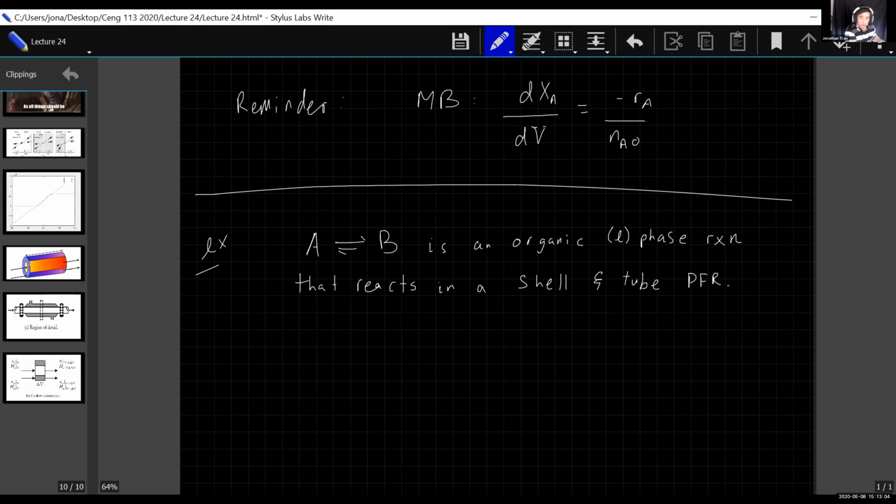In this particular example, it's not specified what utility could be used, only that either H2O or air at 27 degrees C can be used to cool the system.